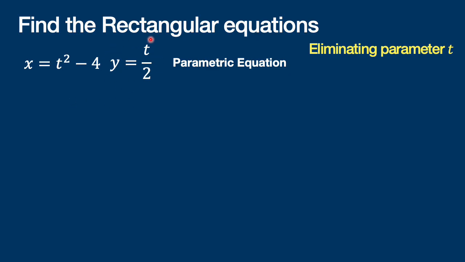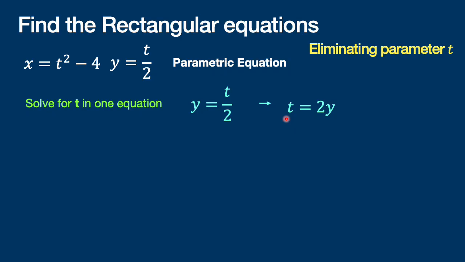I want to start with y equals t over 2 because it's degree 1. So let's solve for t. y equals t over 2. We want to solve for t, so multiply by 2 on both sides. t equals 2y.